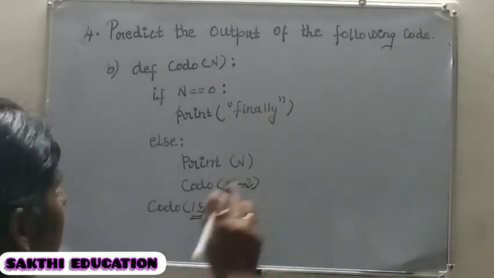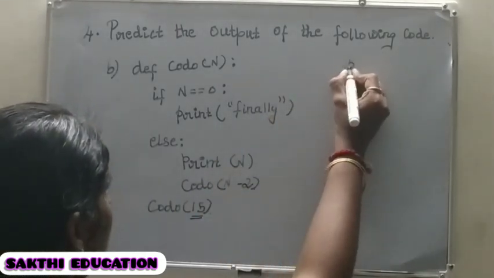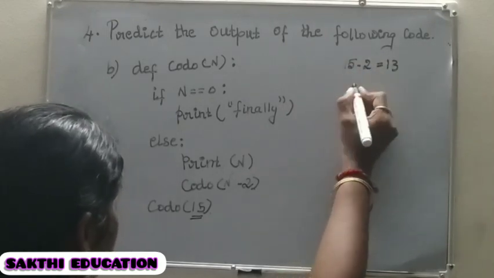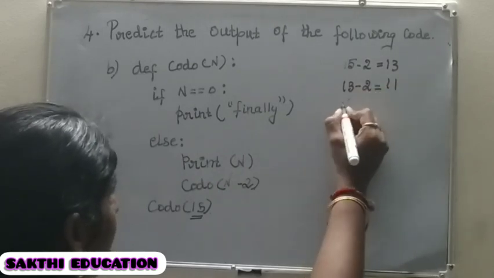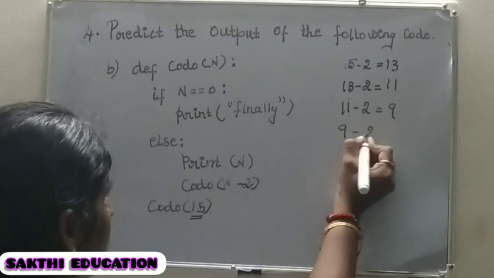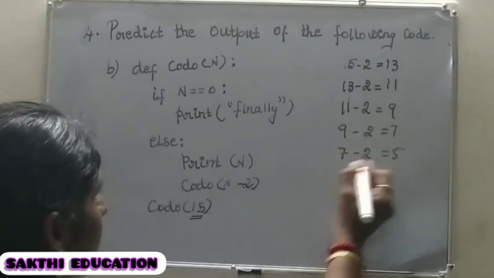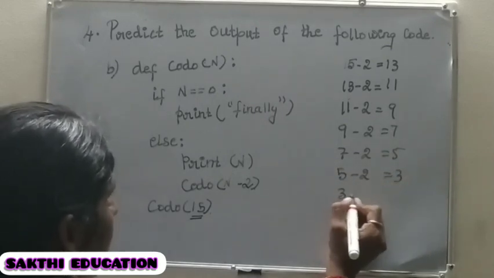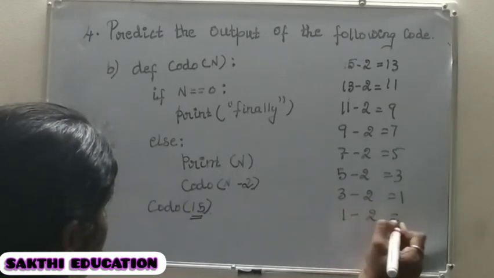Okay. So here you have to reduce by 2. See, 15 minus 2 is what? 13. 13 minus 2 is what? 11. 11 minus 2, 9. 9 minus 2, 7. 7 minus 2, 5. 5 minus 2, 3. 3 minus 2 is 1. 1 minus 2 is minus 1.